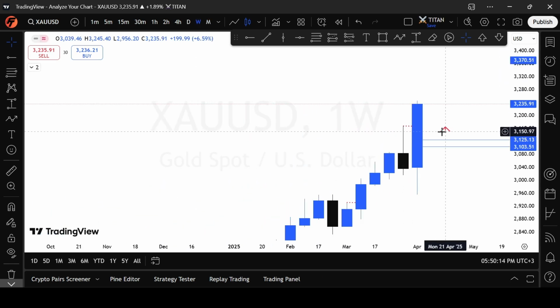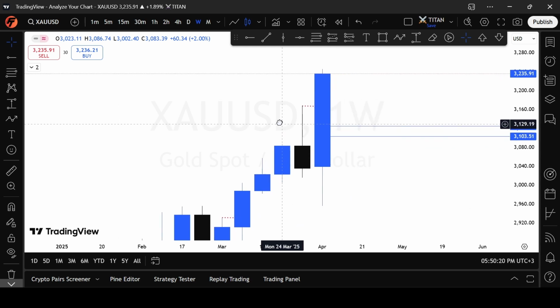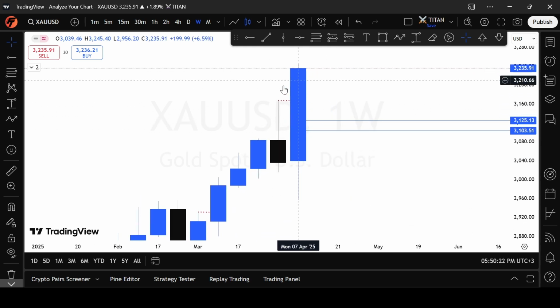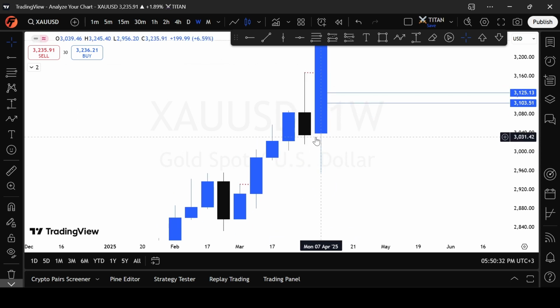Now on the weekly time frame, we want to focus on the current candle that just closed for the week, which is this one right here. And also, what do we see? We see that it first opened and first traded lower.